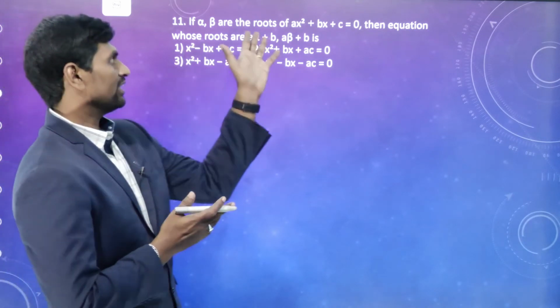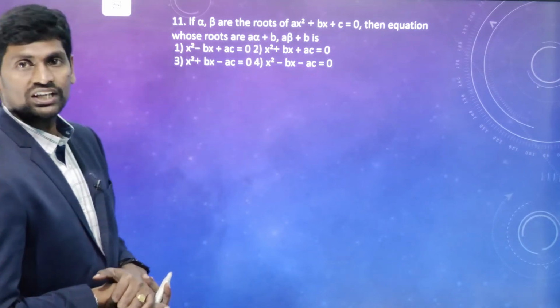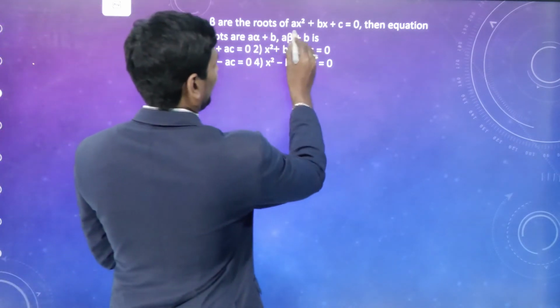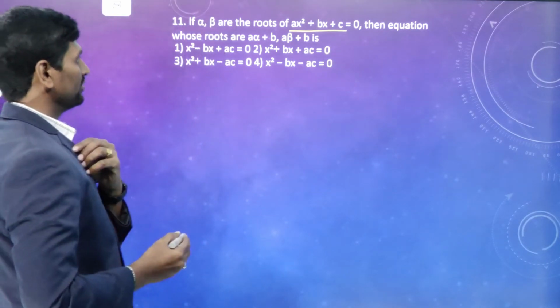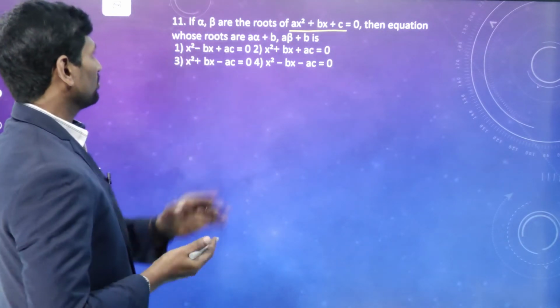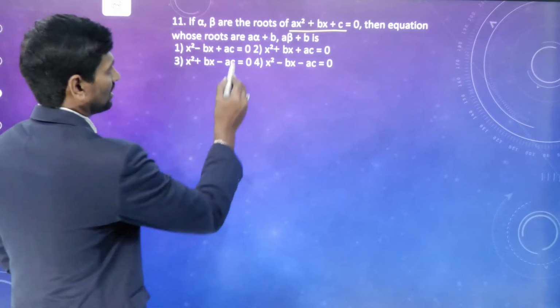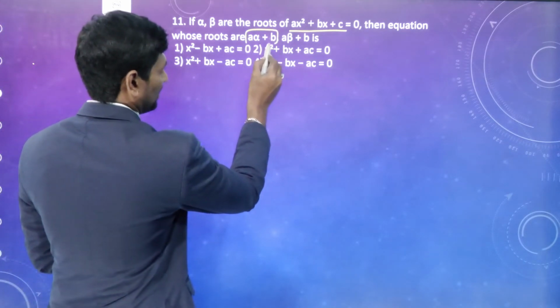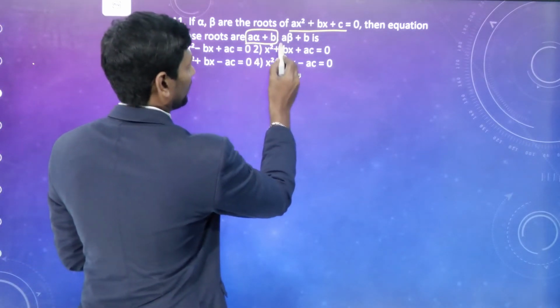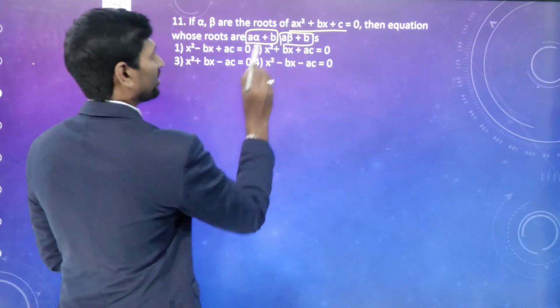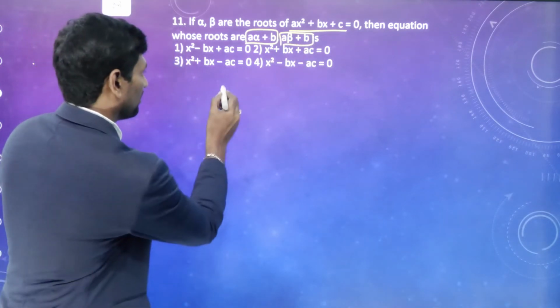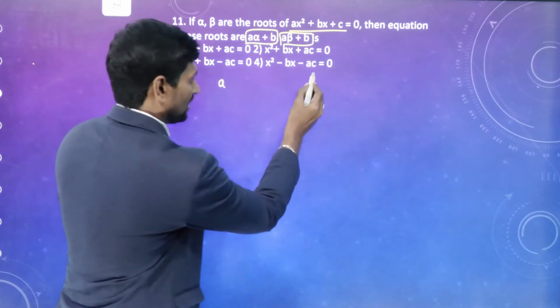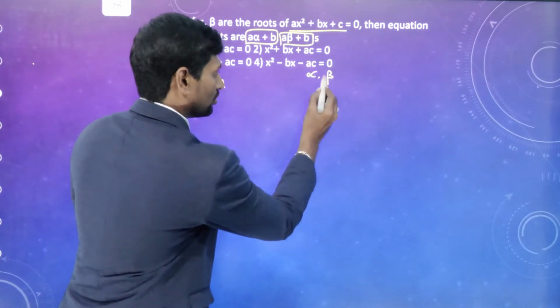Yeah, alpha beta are the roots of the quadratic equation ax square plus bx plus c equals to 0. Then the equation whose roots are, see here, a into alpha plus b and a into beta plus b. Let me write alpha beta are roots.